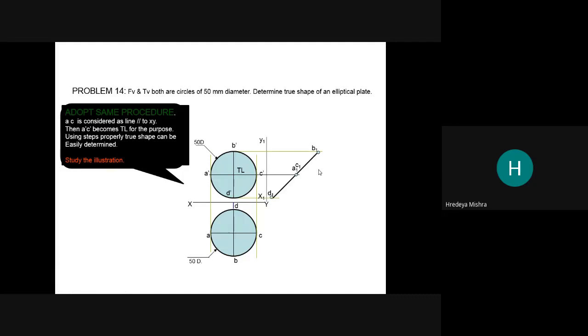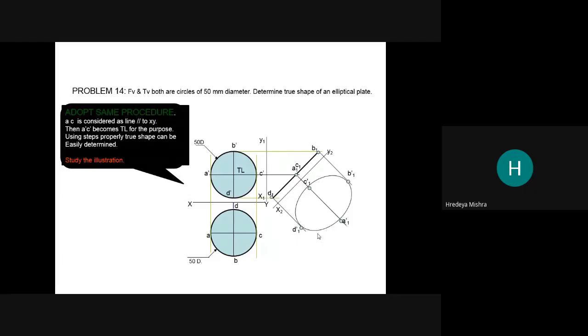Now how do we get x2, y2? We just draw x2, y2 here, which is parallel to this. Now we get the projection of this. And the final shape of the circle, which is elliptical.